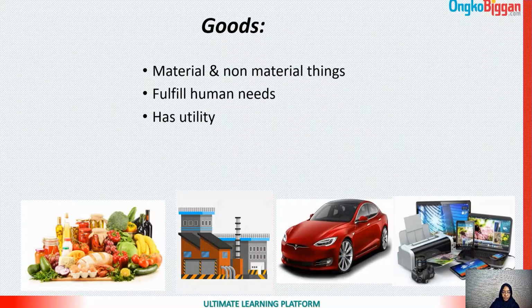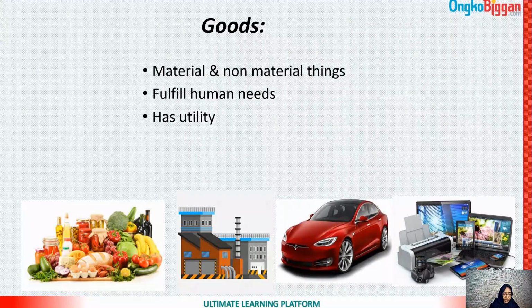So goods. What are goods? Goods can be material and non-material. Goods have to fulfill human needs, and goods have utility. All the material and non-material things that have the capability to fulfill human needs are goods, and the thing that has utility is goods.